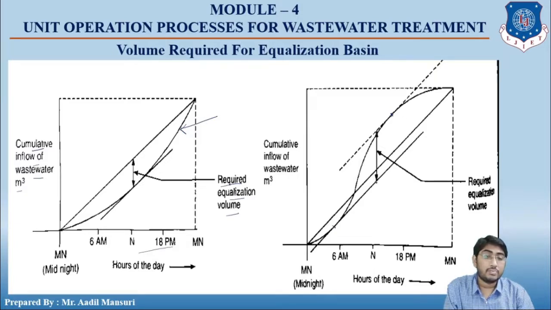The distance between these tangents is the required equalization volume. So in order to find the volume of the equalization basin, you should know the total inflow of wastewater for the entire day. Clear?